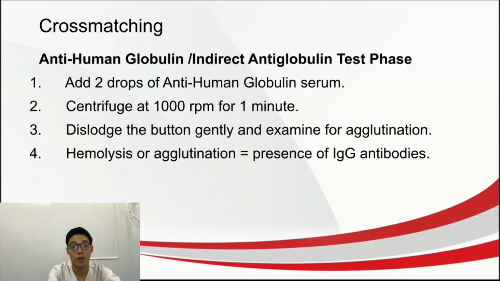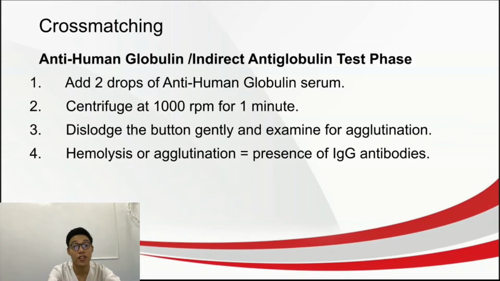And for the last one, the AHG or anti-human globulin technique and or IAT phase, indirect antiglobulin test, or the Coombs test, we have to add 2 drops of AHG serum, centrifuge at 1000 rpm for 1 minute, dislodge the button gently, and examine for agglutination.